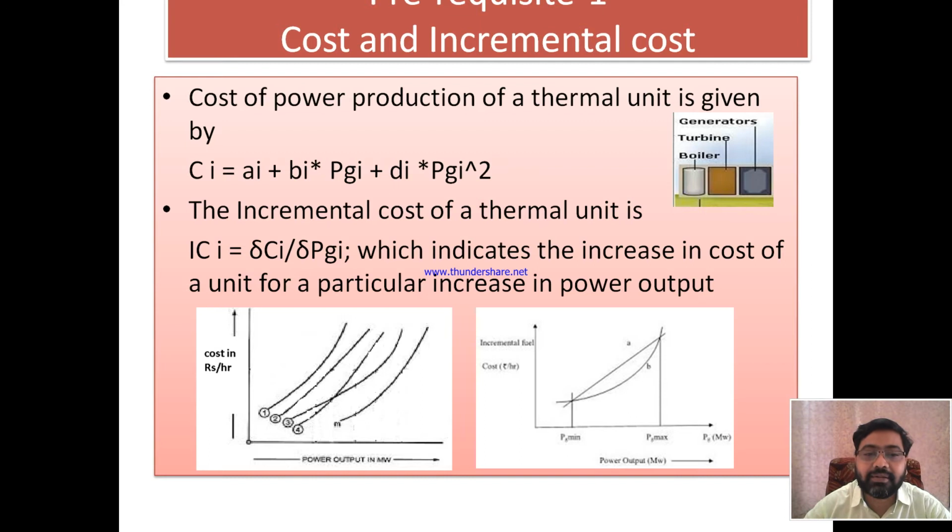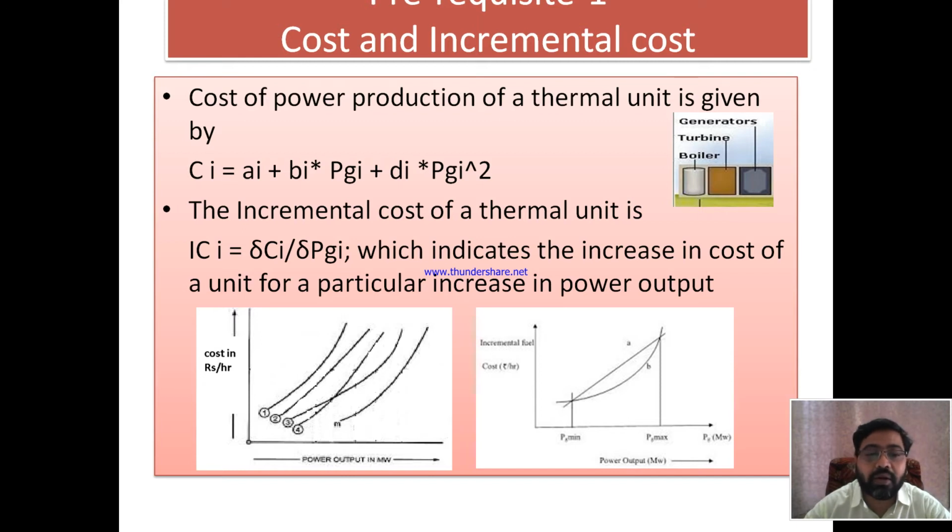You can see in this slide the curves. The first curve to the left shows the cost curves of different units. Five units are shown here. Each generator, each unit may have its own shape. The curve has its own slope.